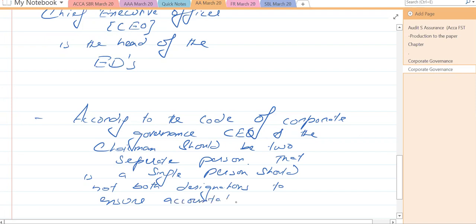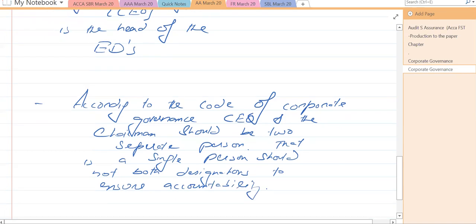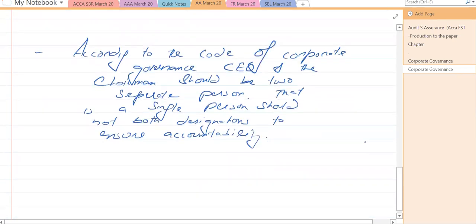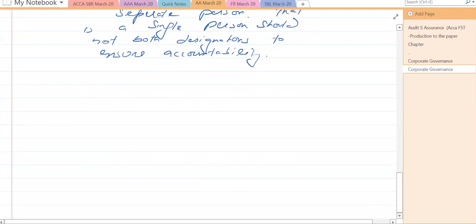Because if the CEO and the chairman are separate, then the chairman along with other NEDs will be able to keep a check on the CEO and other EDs. According to the company law, a single person can be the chairman and the CEO, but we are talking about the code of corporate governance because we are studying corporate governance.